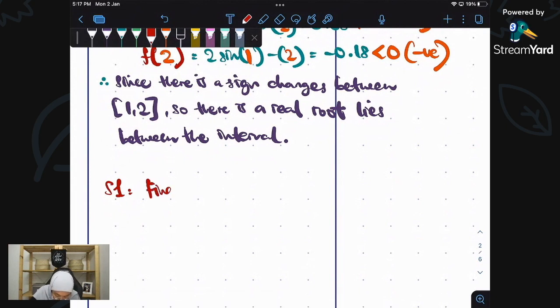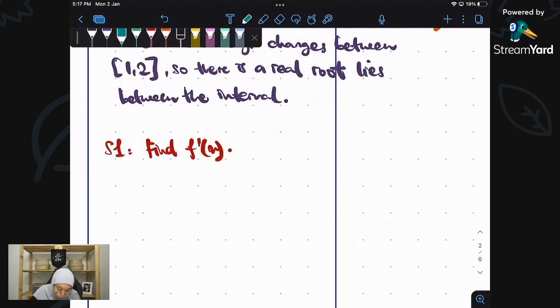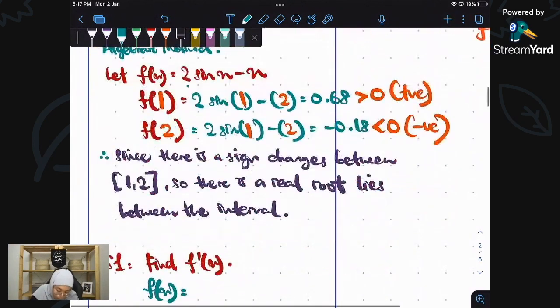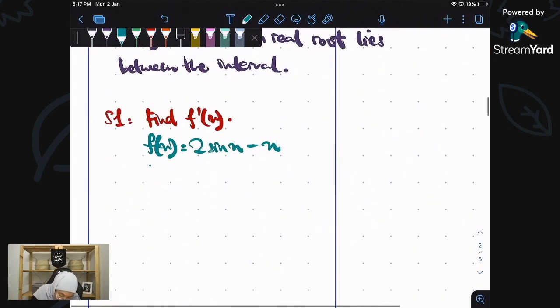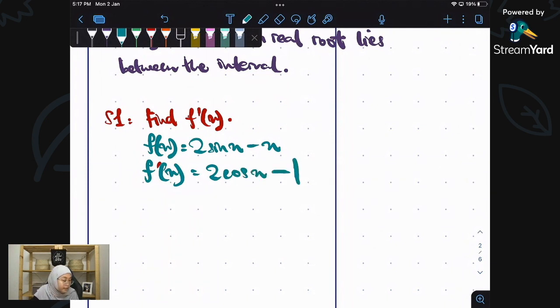Your f(x) is 2 sine x minus x, and your f prime is 2 cos x minus 1. This is the derivative of the function f.